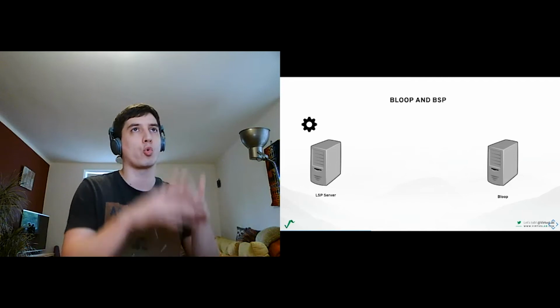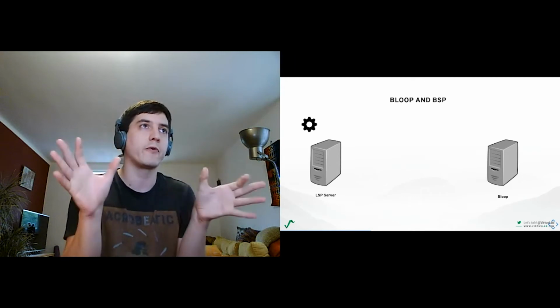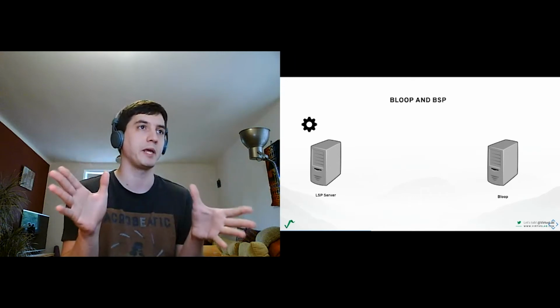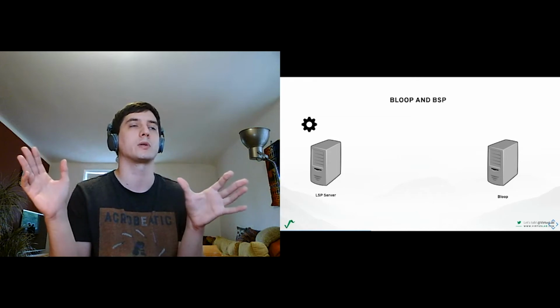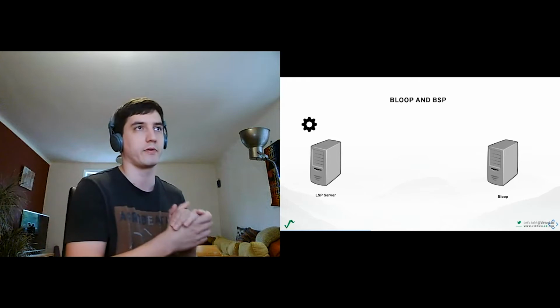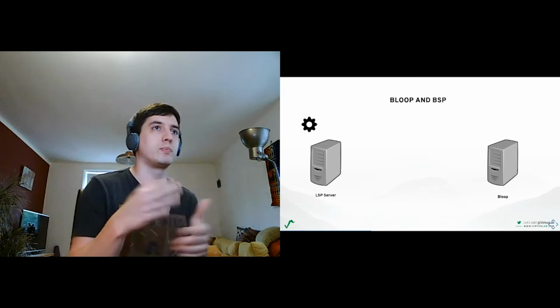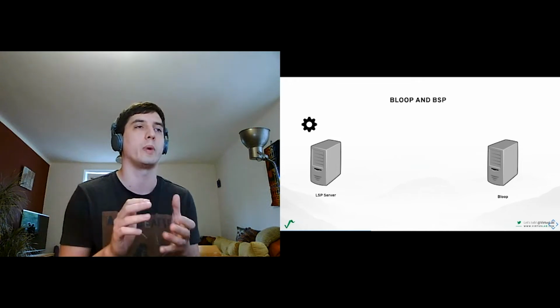So let's go quickly over how it works. In contrast to LSP, BSP and Bloop work between a server and another server, which is the BSP server. So you can also use Bloop on the CLI, but it's not that important to Metals.